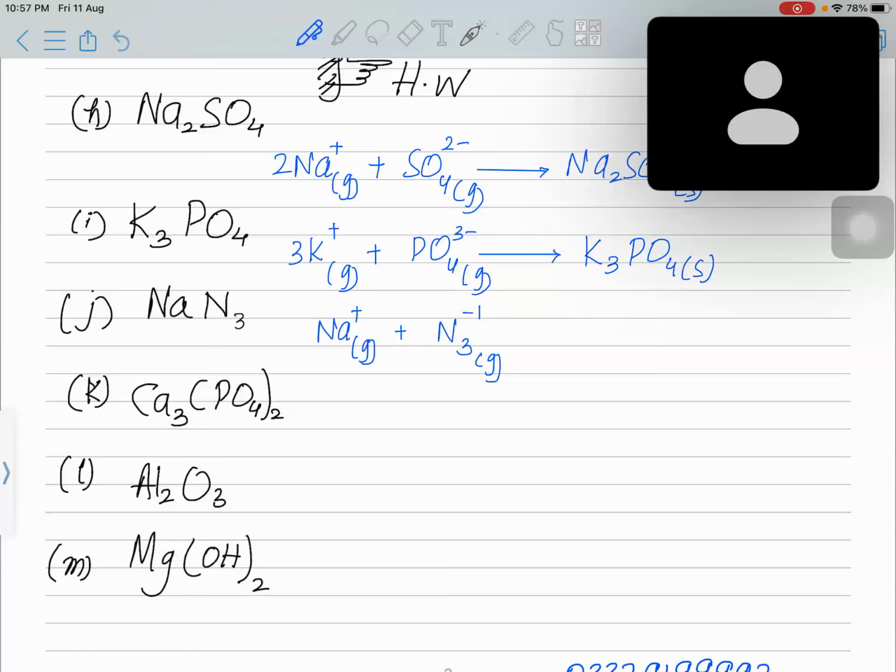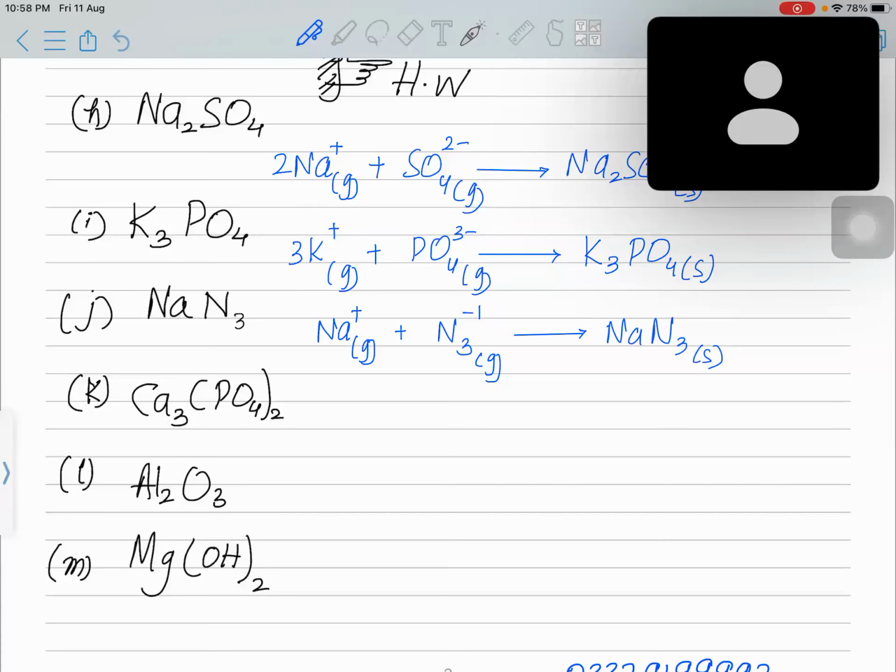So sir, the charge can't be -3 for azide ion. Azide ion is negative 1 because its cation is sodium and sodium has plus 1 charge. So N3 becomes minus 1. This N3 is an anion with molecular form. So NaN3 solid. This is lattice energy.